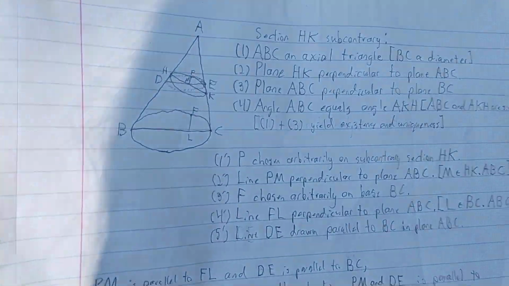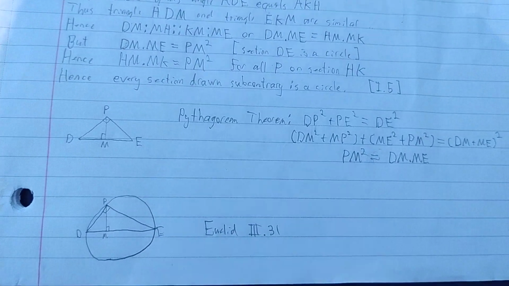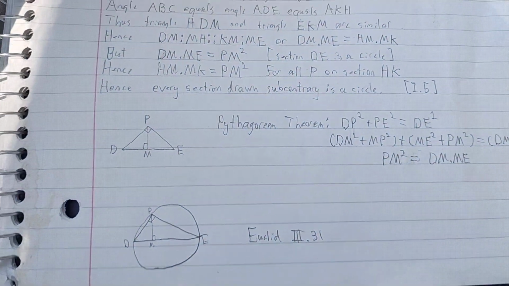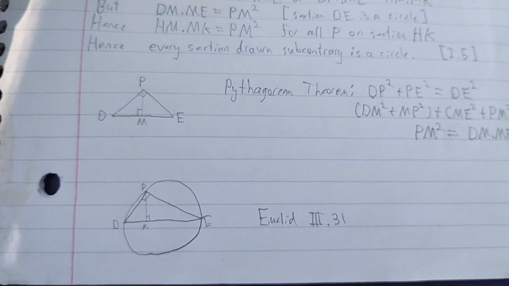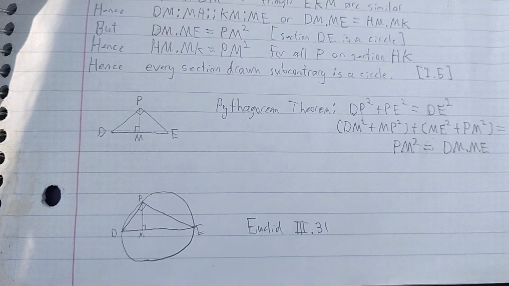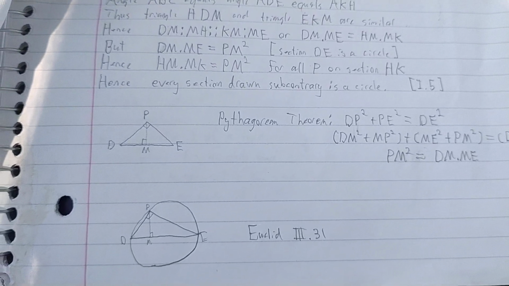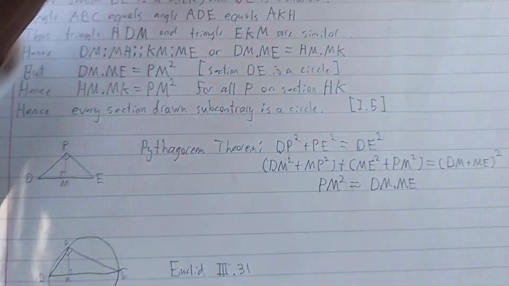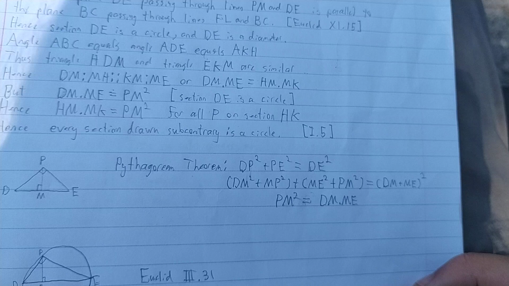Here, this uses the Pythagorean theorem in an interesting way. Suppose we have a circle with diameter DE and point P lying on the circle, and an orthogonal from P to M. Then the triangle DPE is always a right triangle. This is proved in Euclid. And furthermore, the line PM deconstructs this triangle into two similar triangles. And observing the similarity, we have this interesting algebraic equivalence.